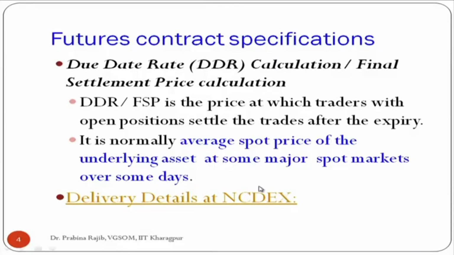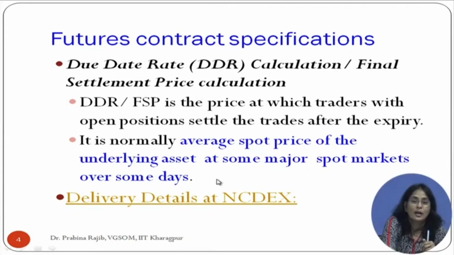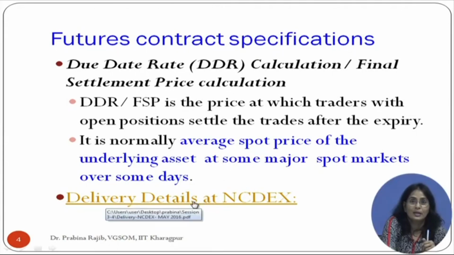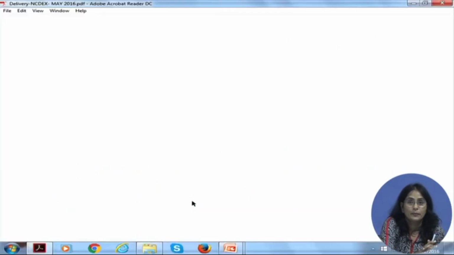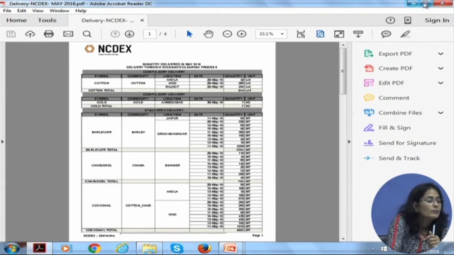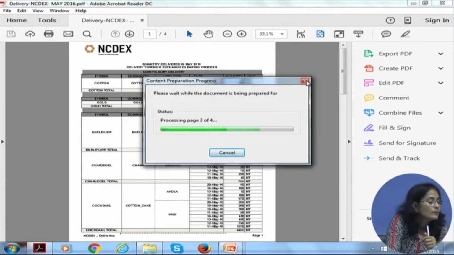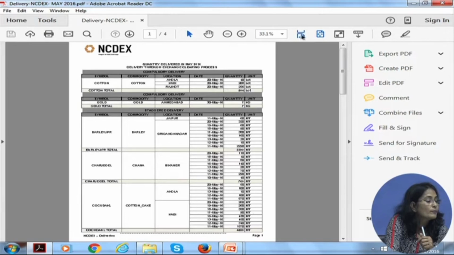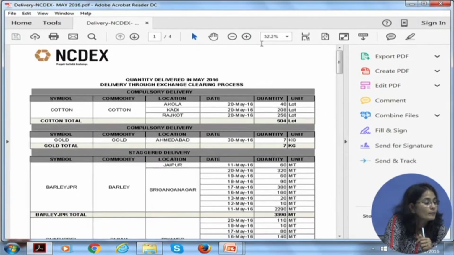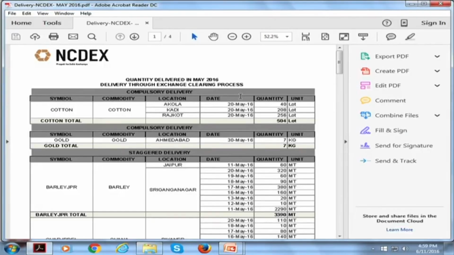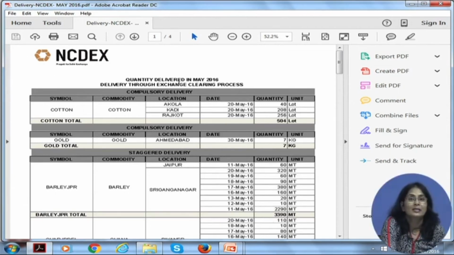Now, let us say, do traders really use the exchange platform for taking delivery or giving delivery? This particular link, if you can see, I have downloaded from the NCDEX website.